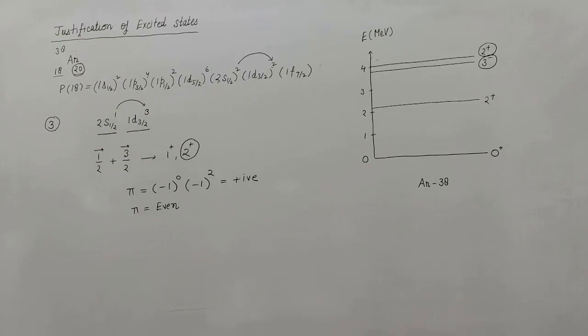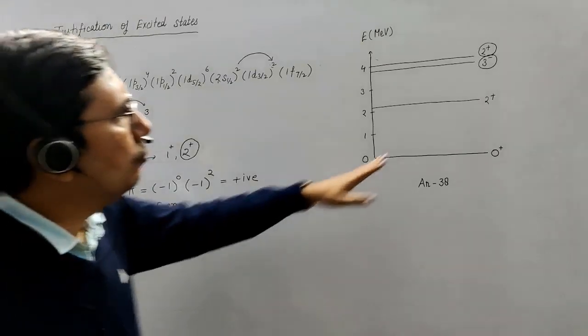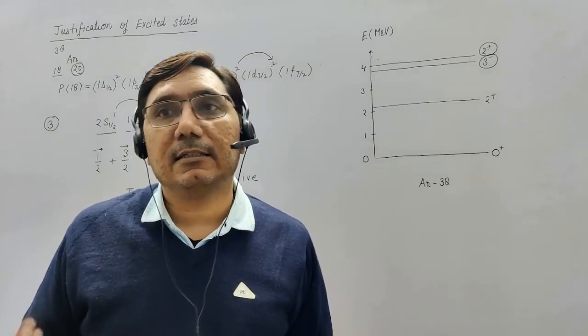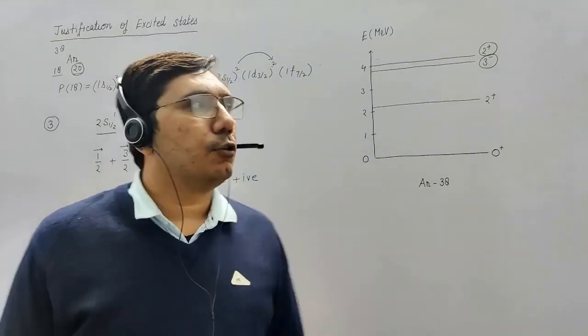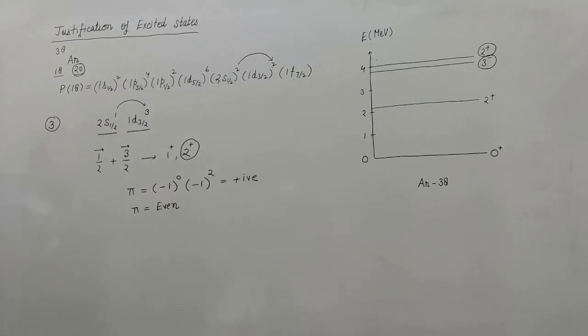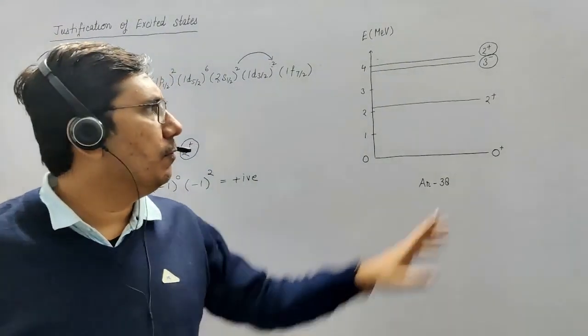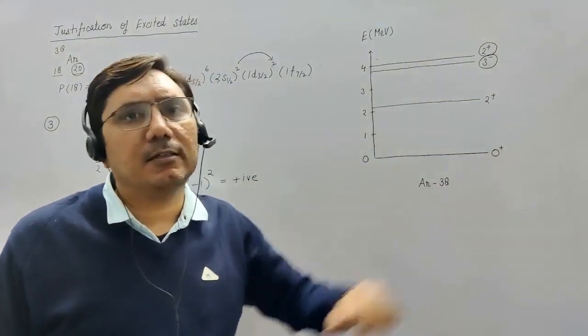Now the next question arises about the other 2 plus excited state: where is it coming from? If we consider this type of transition of a proton from one sublevel to another and try all the combinations, we don't find any transition with the help of which we can explain this 2 plus.